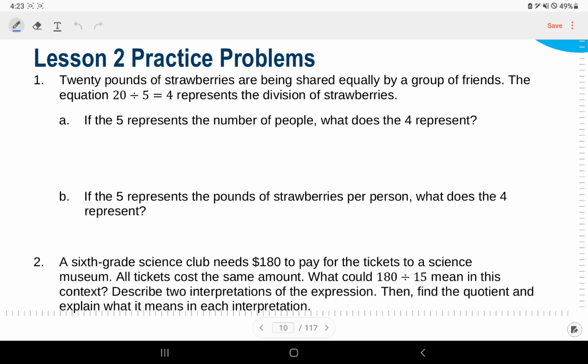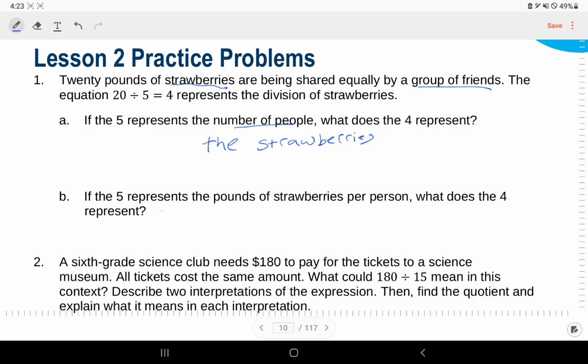So we only have two things here: strawberries and friends. So if 5 is the people, then 4 has to be the strawberries, or the pounds of strawberries.